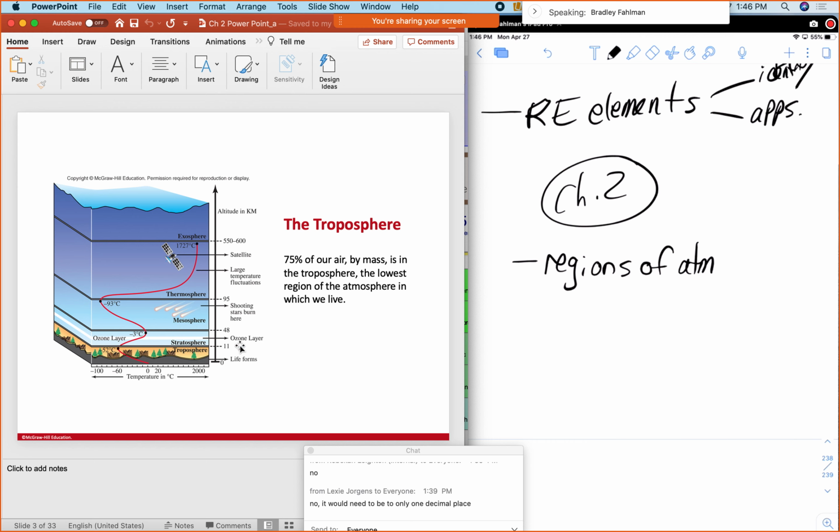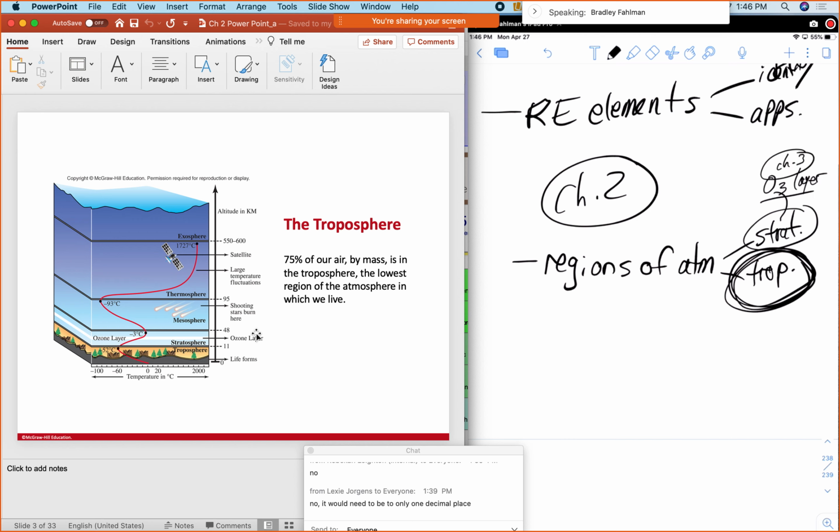Stratosphere and troposphere are the big ones. So the troposphere is where we live. This is the ozone layer, which is kind of like chapter 3. We talked about that layer. Okay, so that's why they're important.